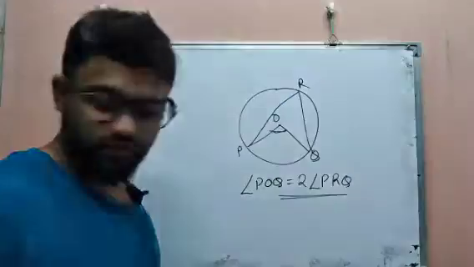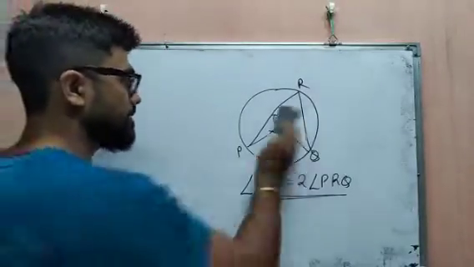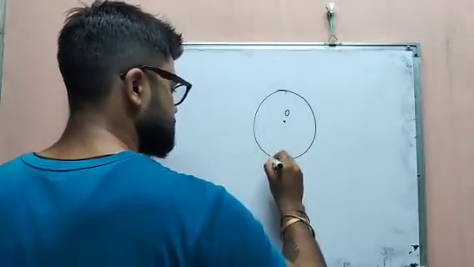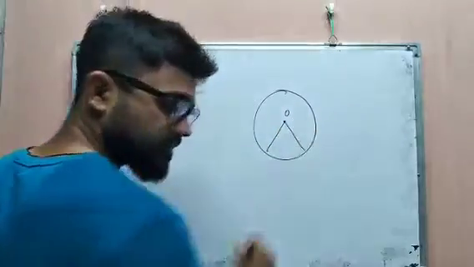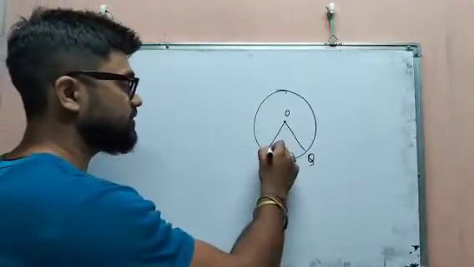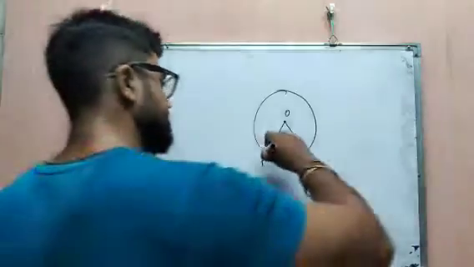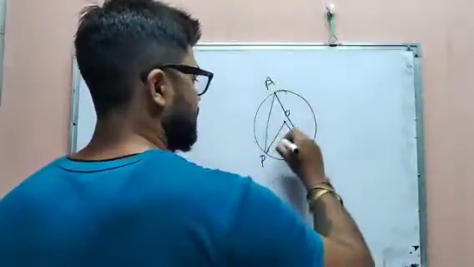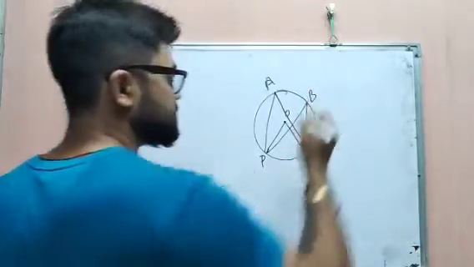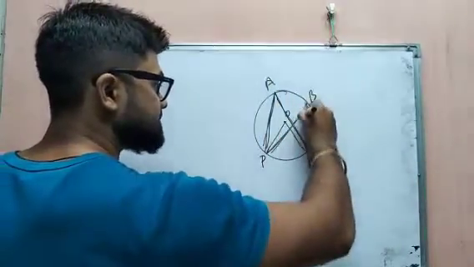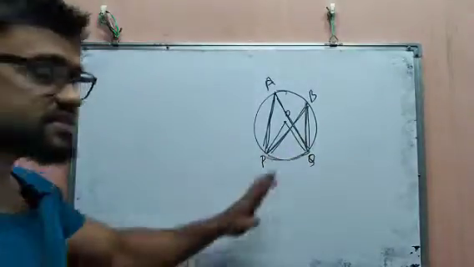This is theorem 10.9. Consider a circle having center O, where OP and OQ are two radii. Suppose angles lie at points A and B. According to the theorem, these two angles are subtended by the same arc PQ.